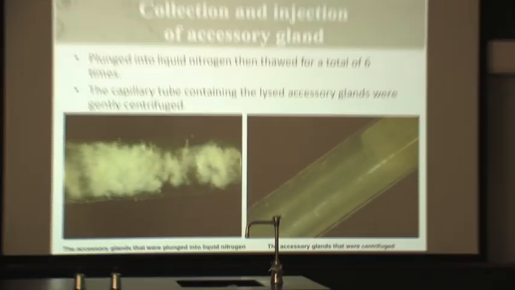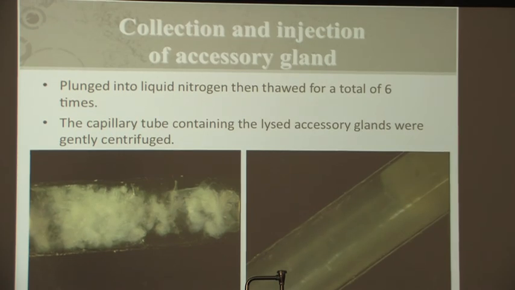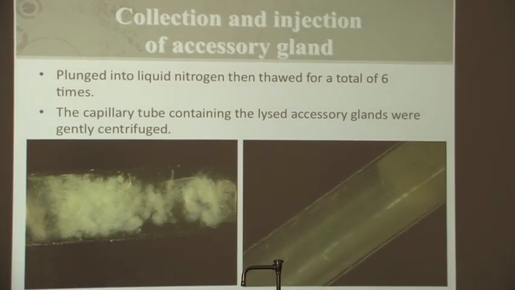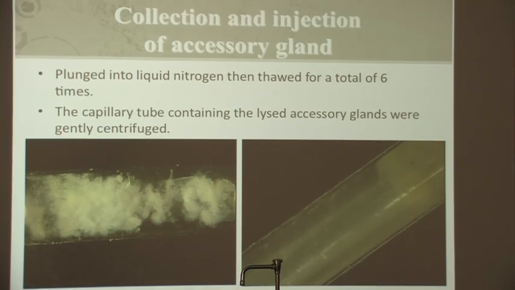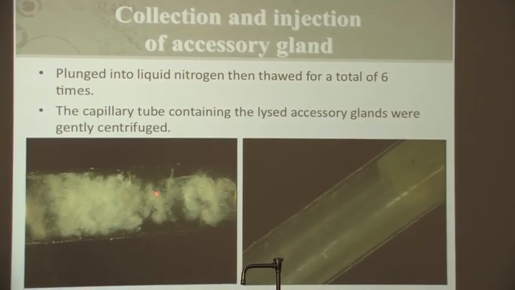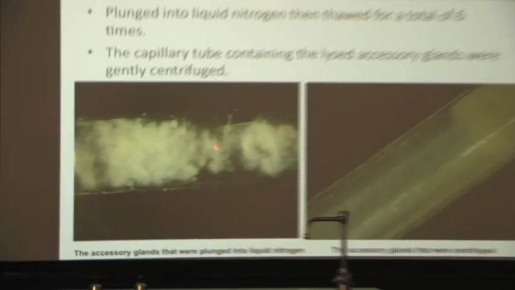After the accessory glands are sucked into the tube, we plunge the tube into liquid nitrogen and thaw it, for a total of 6 times. After this procedure, the membranes of the accessory glands will lyse. This capillary tube containing the lysed accessory glands will then be centrifuged.